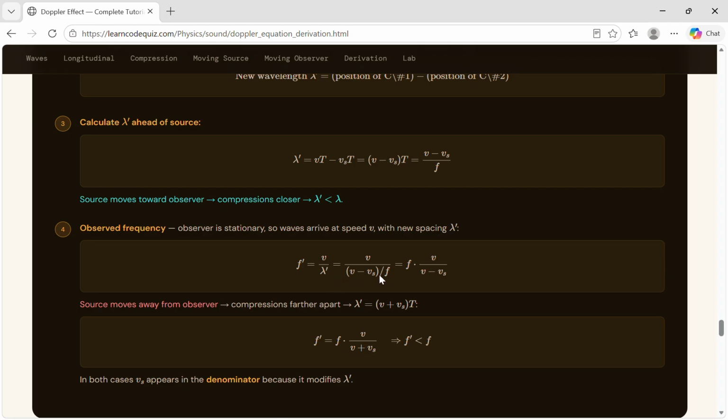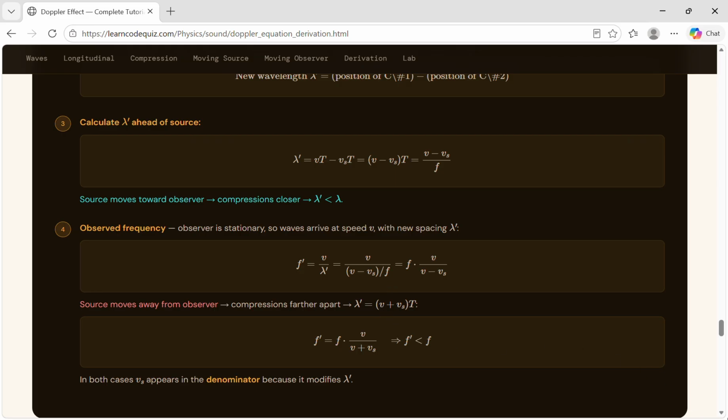So lambda dash is V minus Vs divided by F. Here you see the wavelength has changed, but the frequency of the waves remains constant. The frequency has not changed. The frequency that the observer sees is going to change.